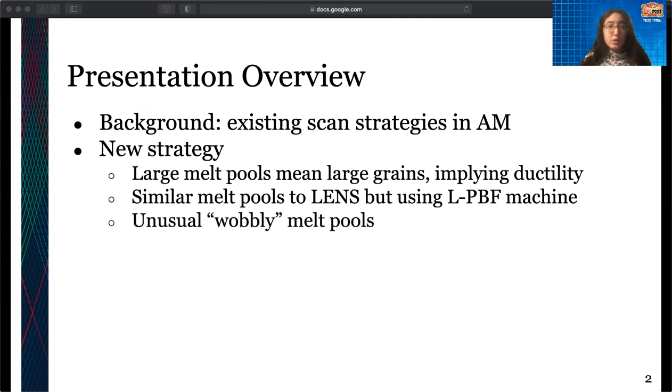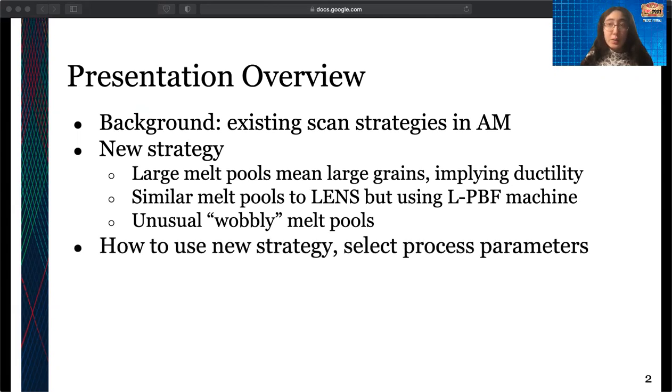Finally, there's an interesting property where you can get these unusual wobbly melt pools, as opposed to the typical steady state melt pool, which has the same size and shape throughout the build process.